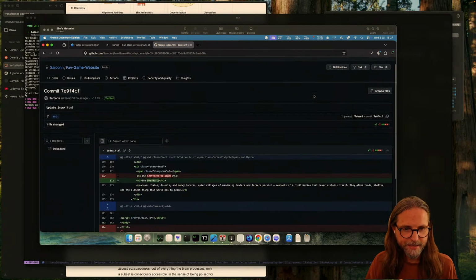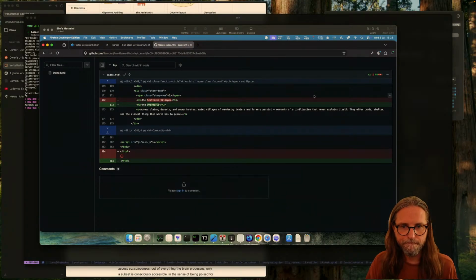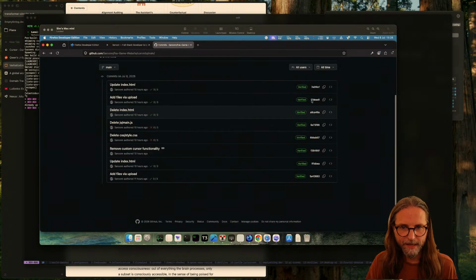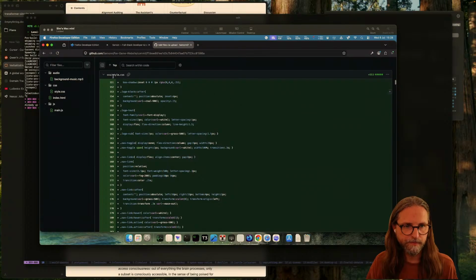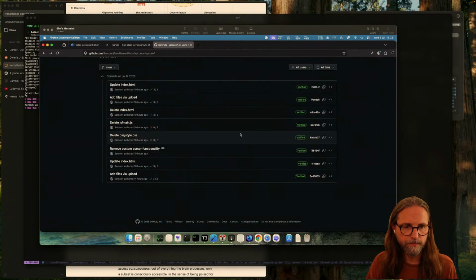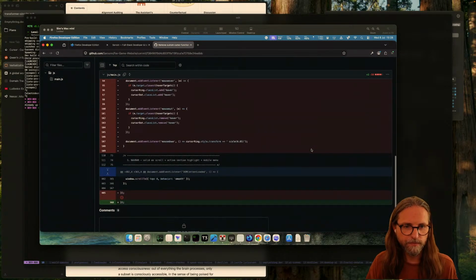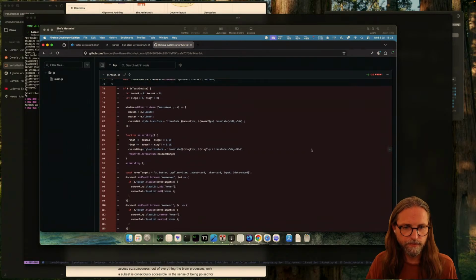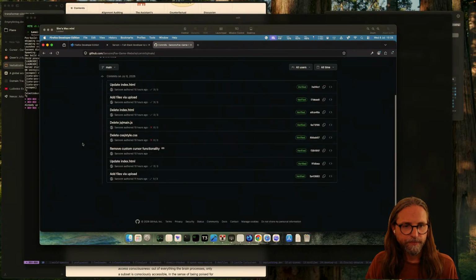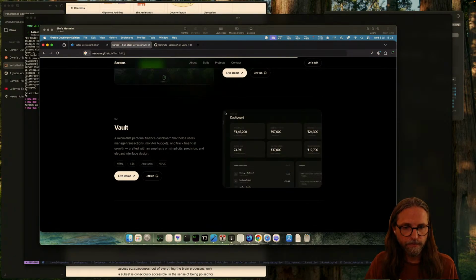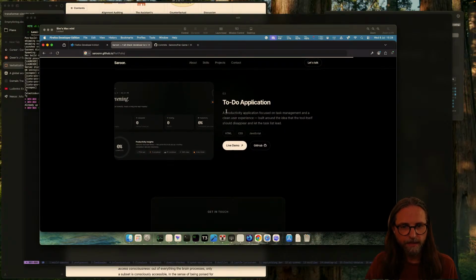I'm going to have a look at some of your commits. For some reason my mouse back button doesn't work in the sandbox, which is a bit annoying. Ah, the rite of passage.